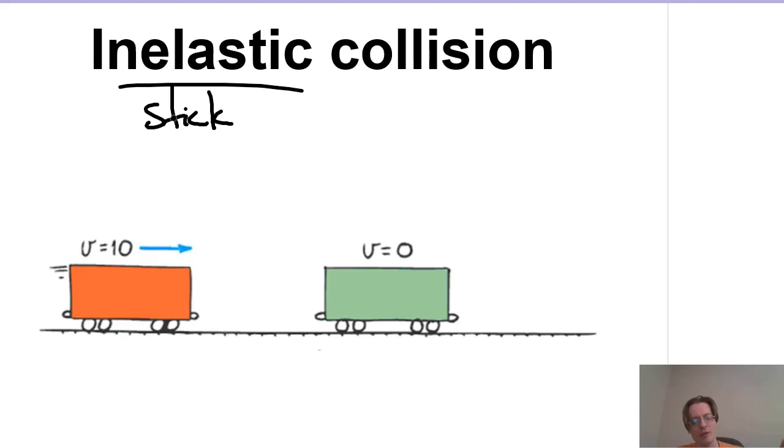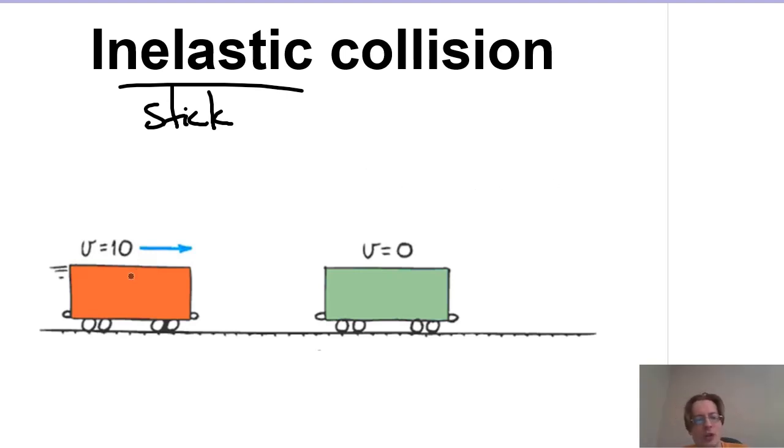Instead of rebounding off each other, they stick like two train cars coupling together. Same rule applies. As long as there's no external forces that slow them down or make them bounce or something, then the momentum is conserved. Whatever it is before is equal to what it is afterwards.